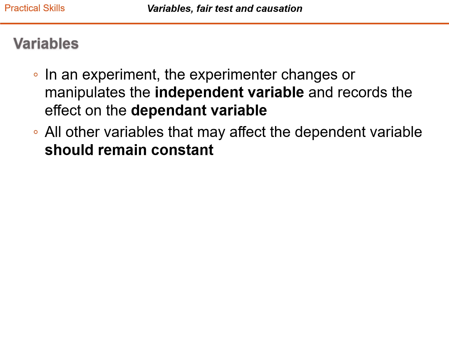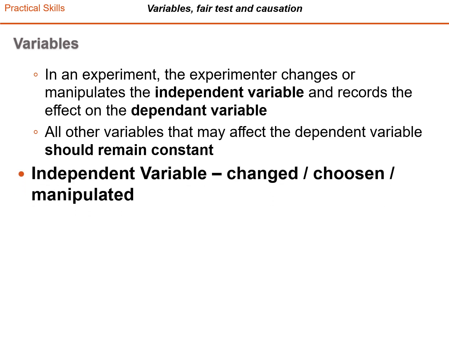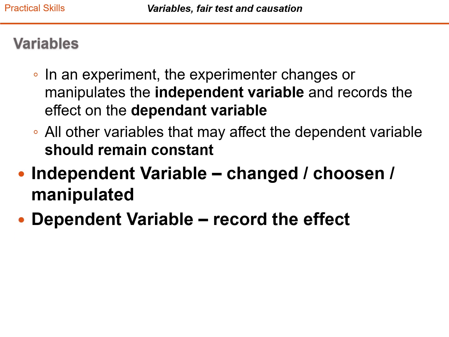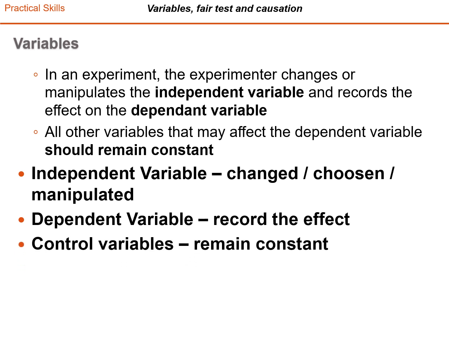So, in summary, the independent variable is changed or perhaps chosen or manipulated in some way. With the dependent variable we record the effect, and the control variables remain constant. I'll invite you just to take a moment to pause the video and make some key notes on this and the previous slide.